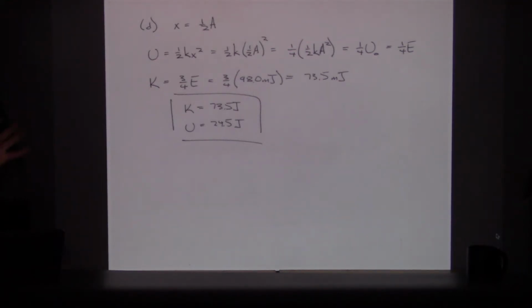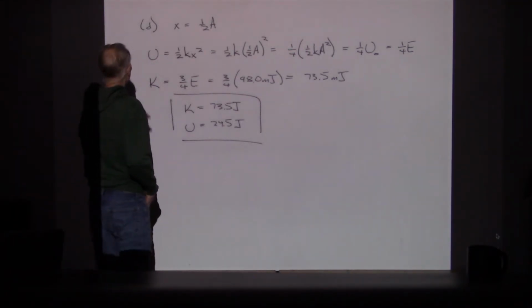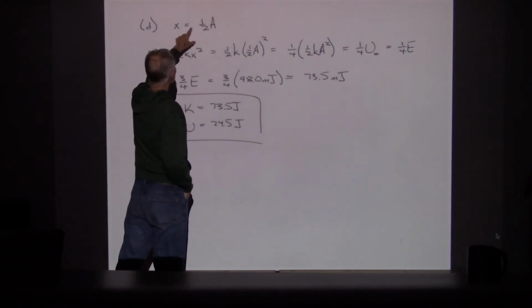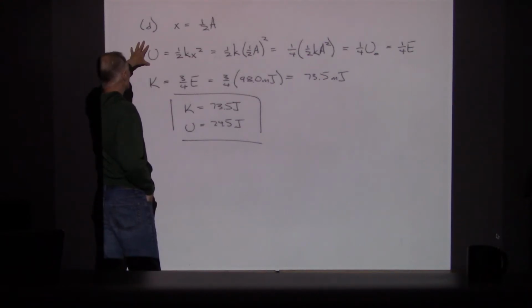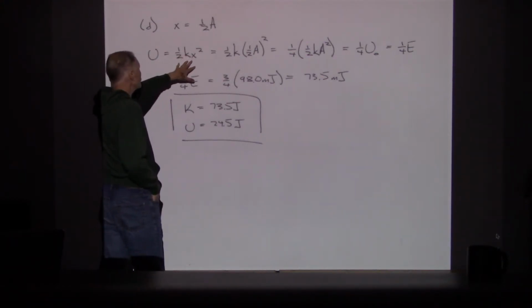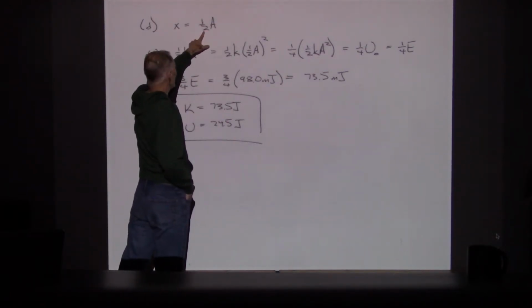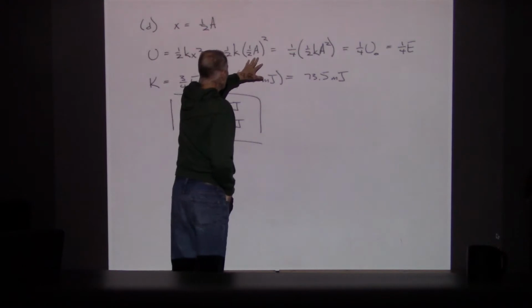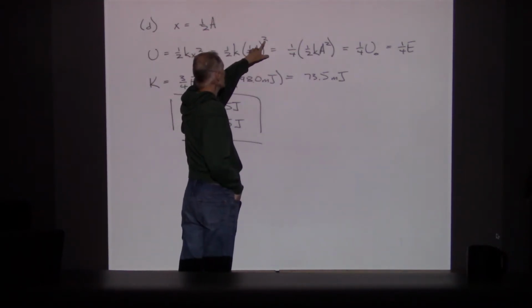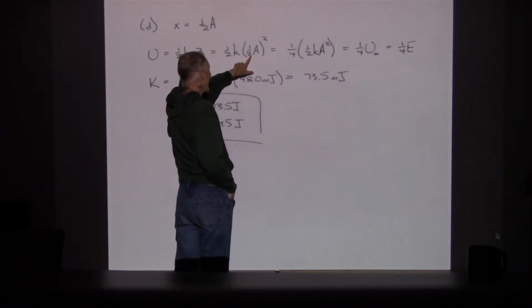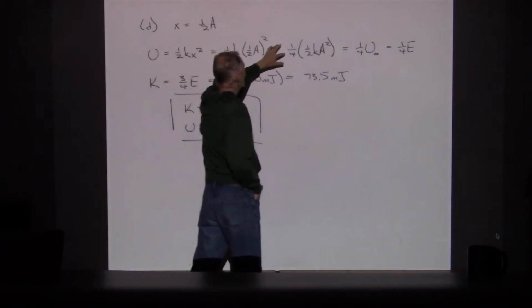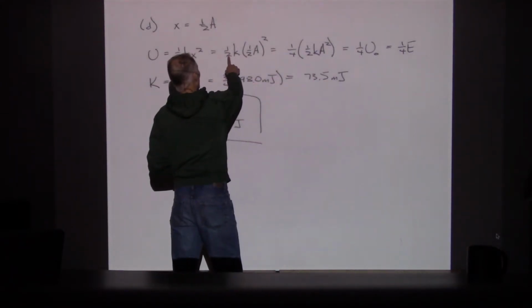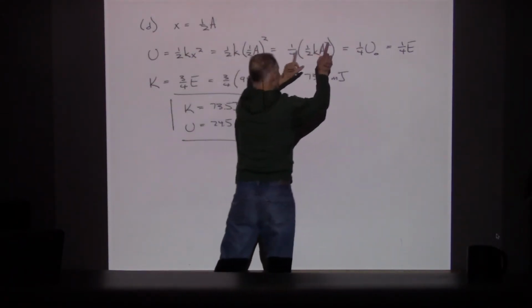Well, we double checked it in D. So here we go. In part D, x is equal to 1/2 the amplitude. So if I do that, the potential energy, which the general formula is 1/2 kx squared, well, for x, I'm going to put in 1/2 amplitude. So I'm plugging in the 1/2 amplitude. Now the amplitude gets squared. So does the 1/2. I squared the 1/2, brought it all the way outside, and left the 1/2 k a squared in place.